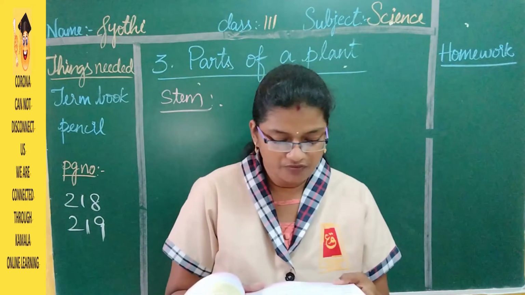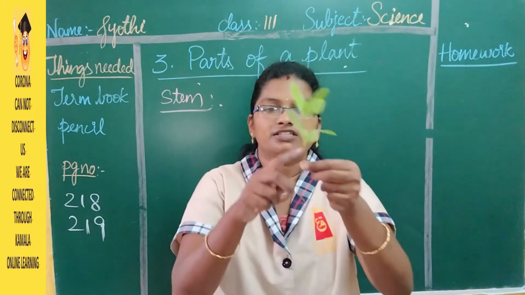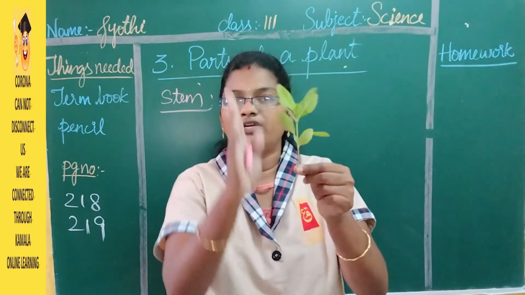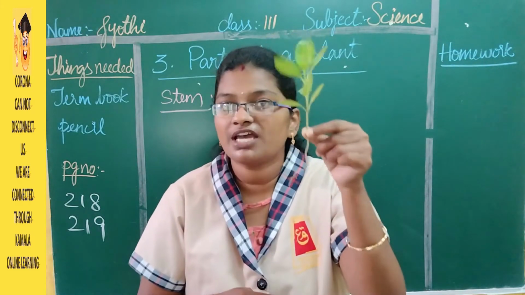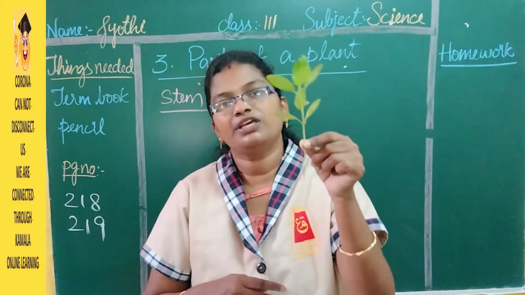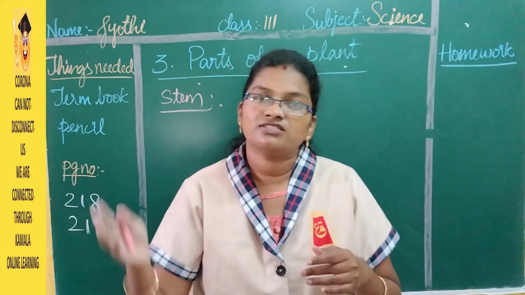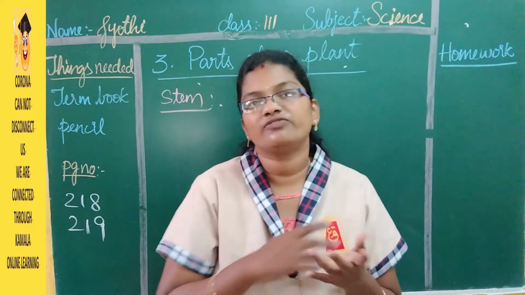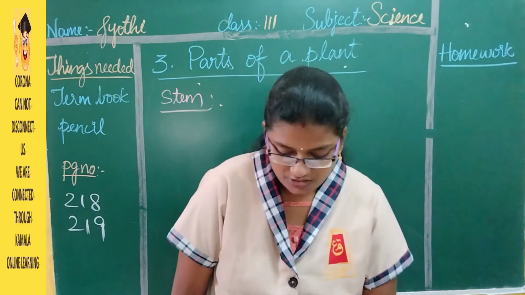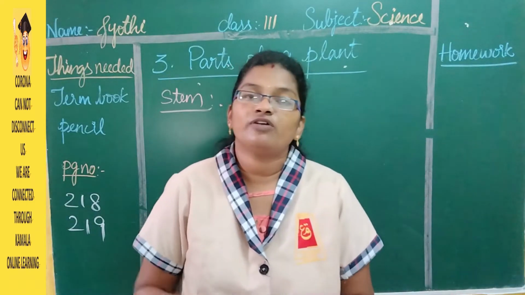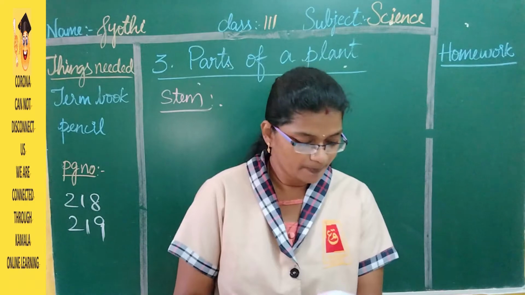In this way, it provides support and shape to the plant. So the stem is going to help the plant to stand upright, and give proper shape and support to the plant. If the stem is weak, what happens? They fall down and they grow as they want, and they are called creepers and climbers, right? So the shape of the plant is dependent on the stem.